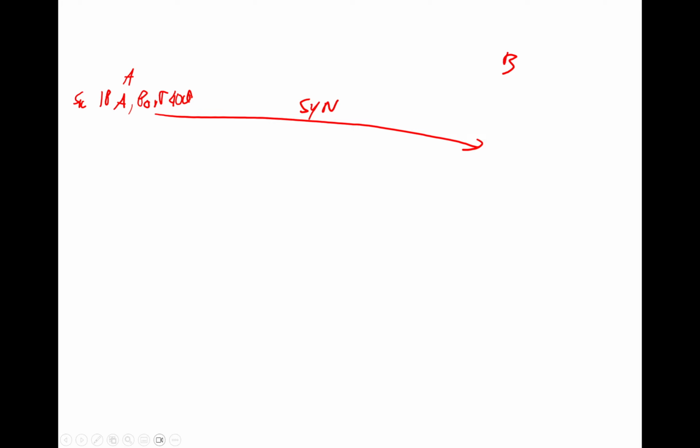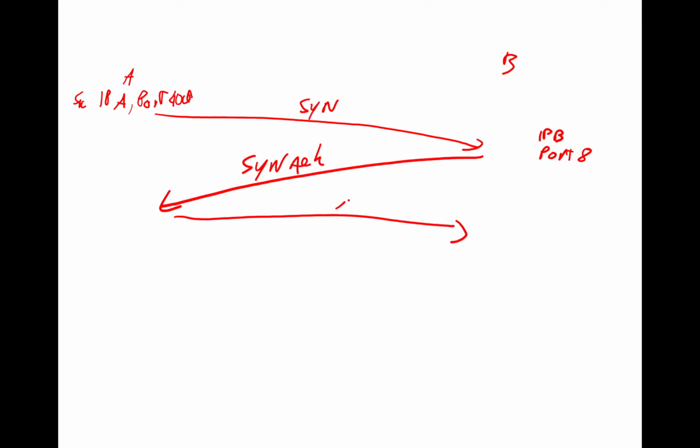We want to establish a TCP connection to IP address B, port 80, let's say. Okay. Now it needs to be confirmed, and there's then the confirmation also for this, the SYN acknowledgement. And now we have all information together to put into a table.